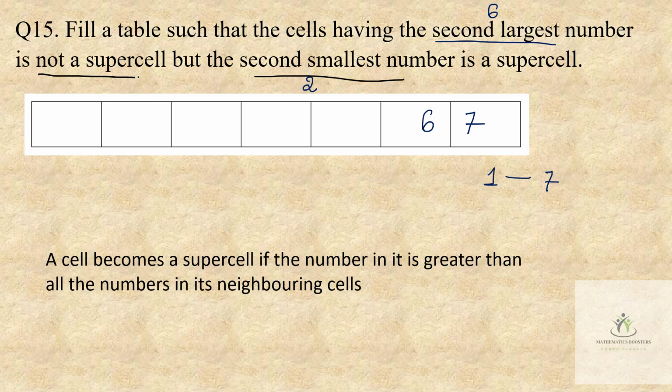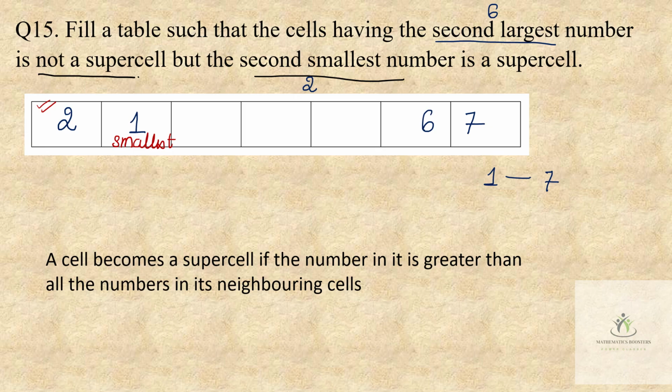Next it says the second smallest number should be a supercell. So this is my second smallest number and I will use the smallest number next to it. If I use the smallest number next to a number which is already greater than that, it automatically becomes a supercell.